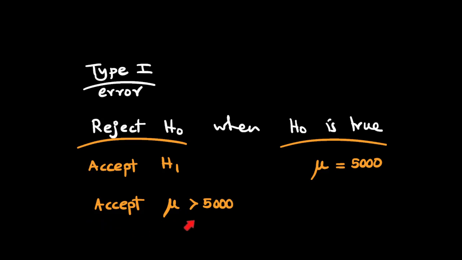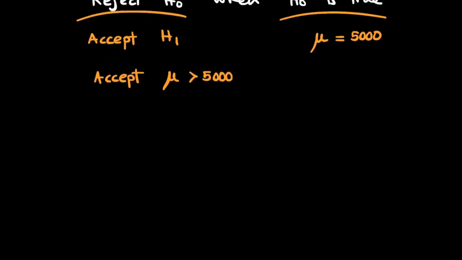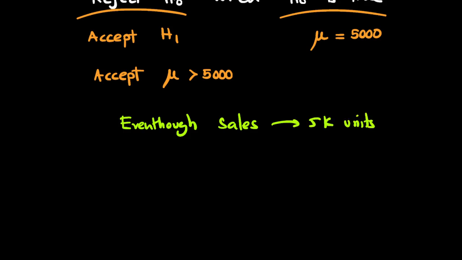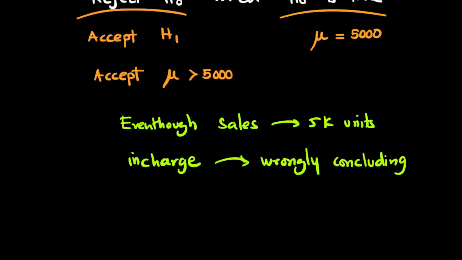Now let's join the knowledge that we have from both the statements based upon the definition of type 1 error. So we will write that even though the reality is the sales is still 5000 units, someone in the company who is in charge of all of this operation is wrongly concluding that it has increased.